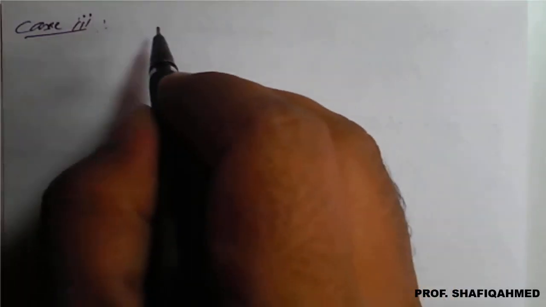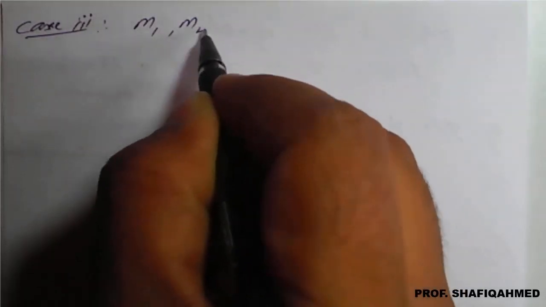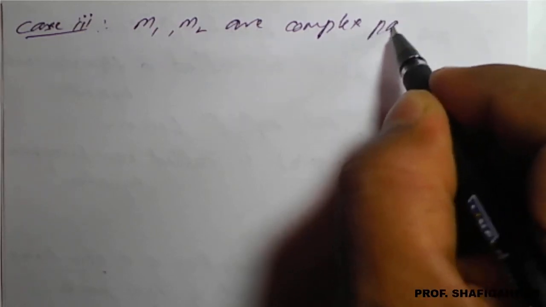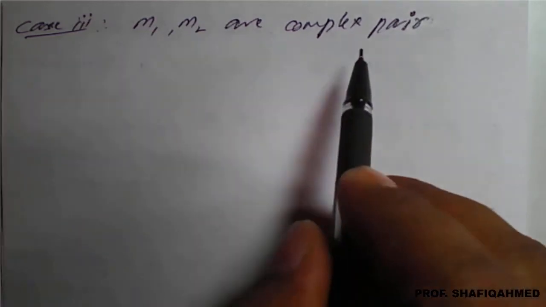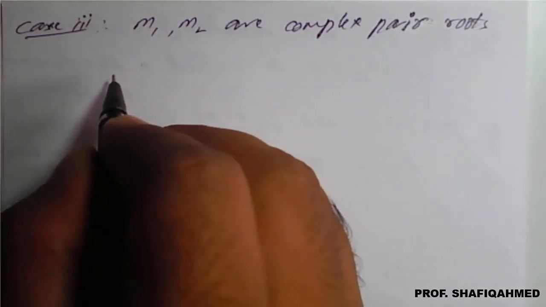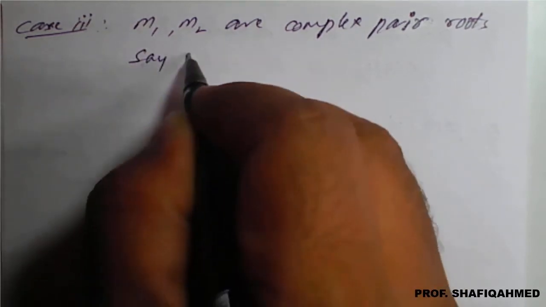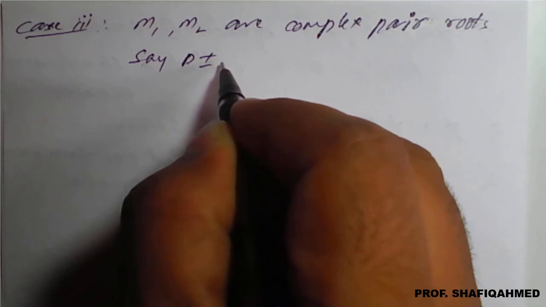So case number 3: m1 and m2 are a complex pair of roots, which I will write in the form p plus or minus iq.